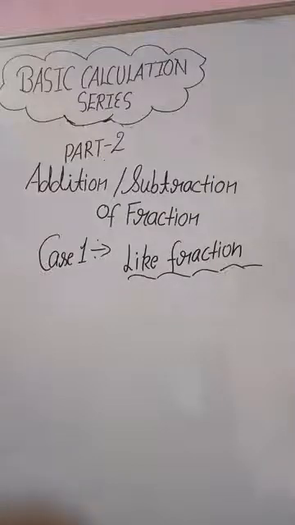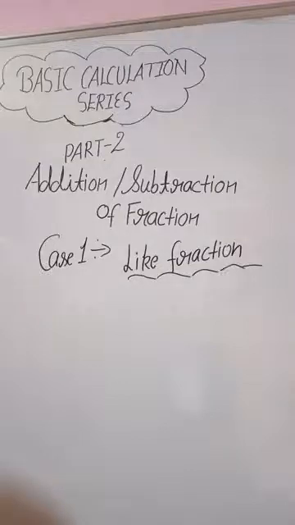In the case of addition and subtraction of fractions, we have two cases: either like fractions or unlike fractions. First we will discuss case 1, that is, how we add like fractions.